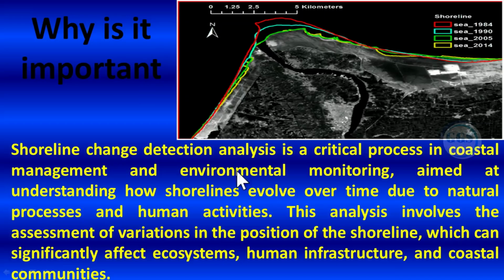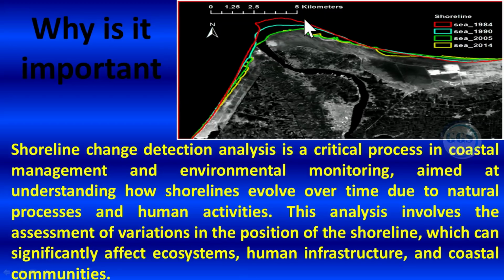If you look at this very figure, you can see that this red signifies the shoreline of this area in 1984. By 1984, the shoreline was at this red line.